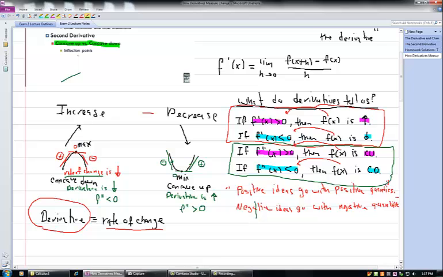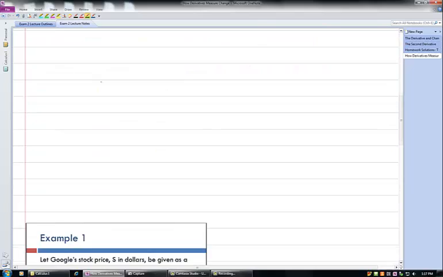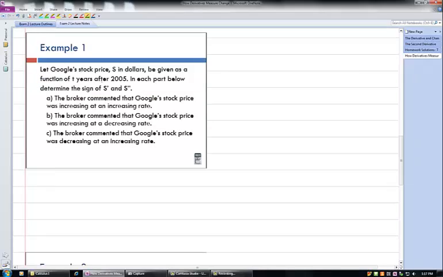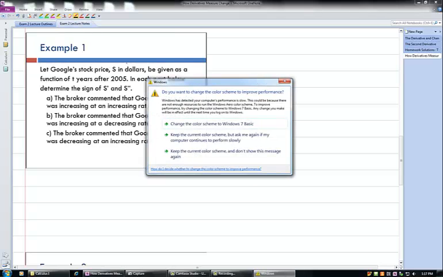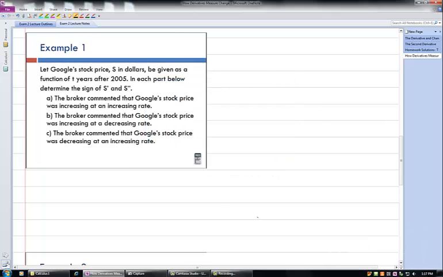Okay, let's take a look at our first example using these ideas. Example 1 is about Google's stock price again. So it says, let Google's stock price S, in dollars, be given as a function of t years after 2005, and in each part below determine the signs of S prime and S double prime.